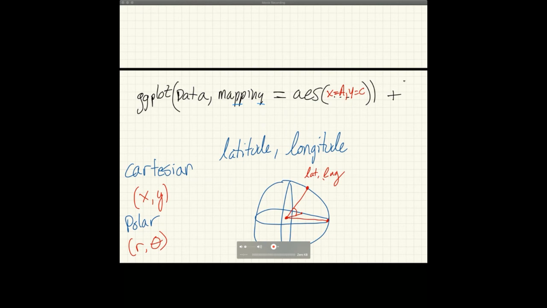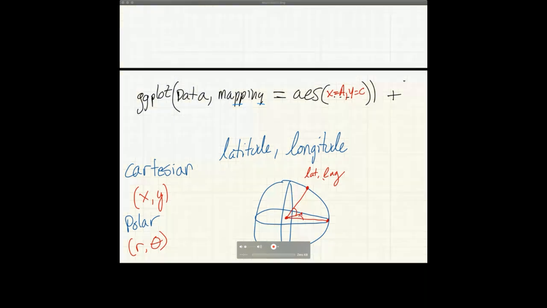How high you have to go to get where you are, that's your latitude. And then how far from the meridian you have to go, and that's your longitude. The radius, we assume, is constant. So latitude and longitude generally are polar denominated quantities.